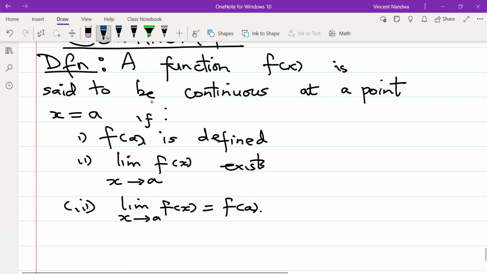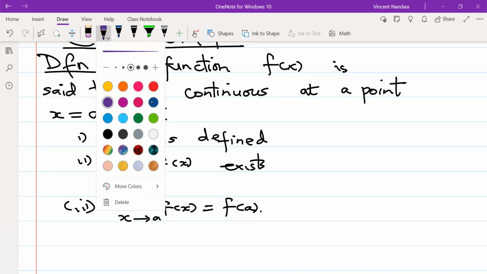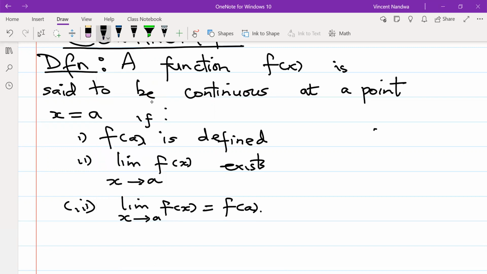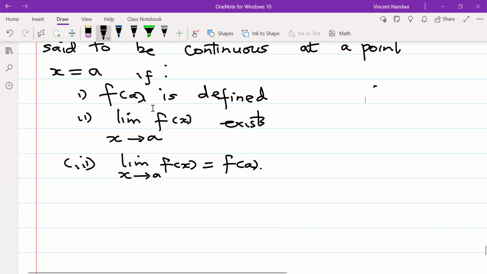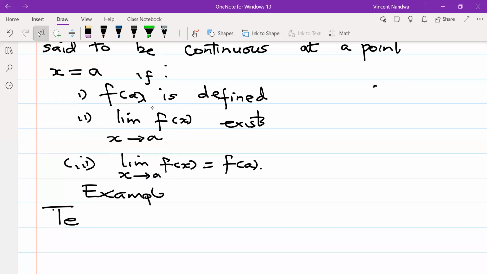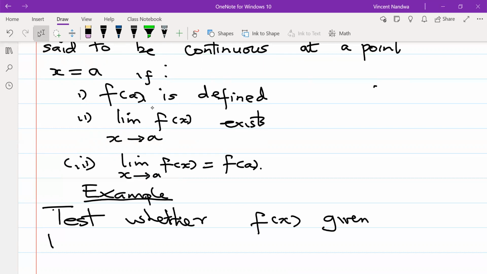So let's give an example. Test whether f of x given below is continuous.